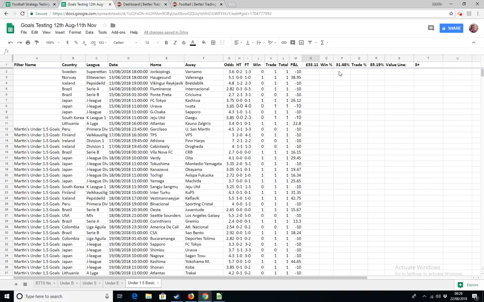But again, what interests me here is you've got a win percentage of 31.48, yet you'll make a trade profit on these matches 85% of the time. So it's actually really encouraging to see that, because I think a lot of people test things, they look at results, and when they're testing, they don't necessarily see, could I have traded out for a good profit?